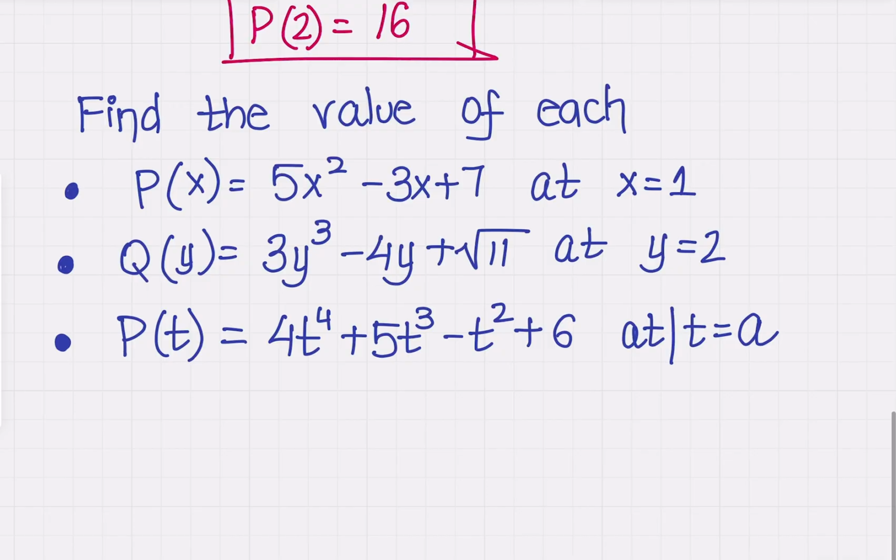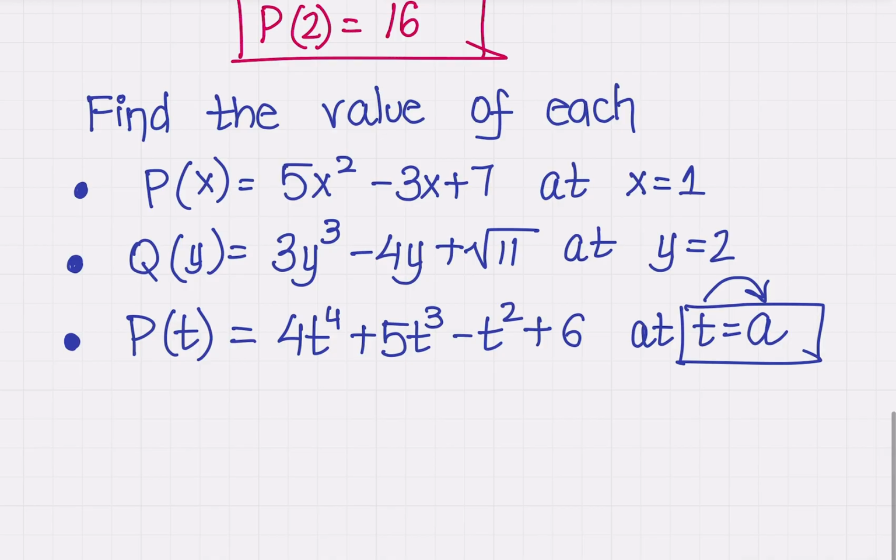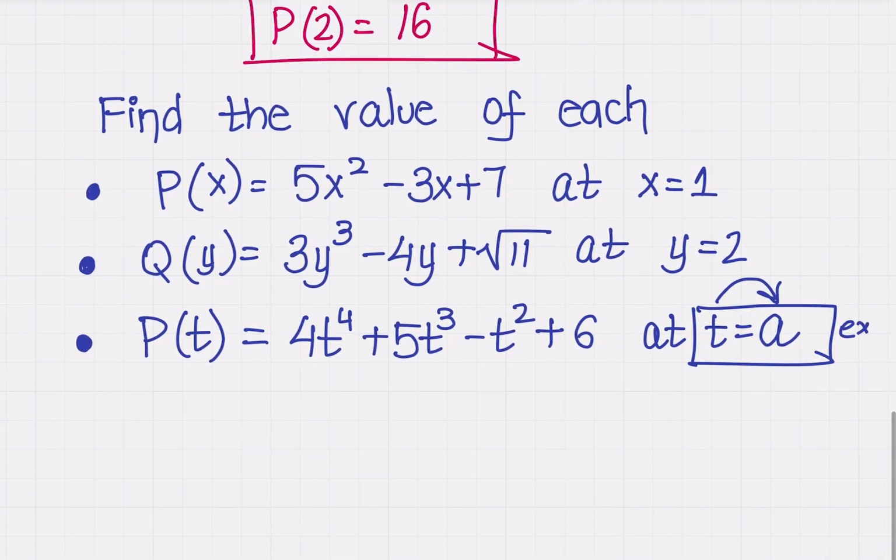This one is a little bit challenging because the variable value is actually another variable. It's not a constant. So I want you to try this. You won't have a final answer for this, you'll still have an expression. You'll just substitute your t's wherever you have them with a, and hence you'll get your answers.